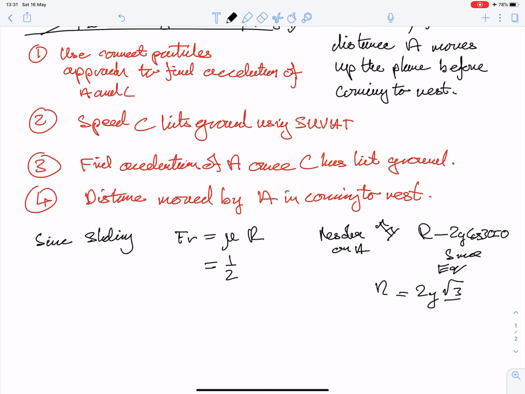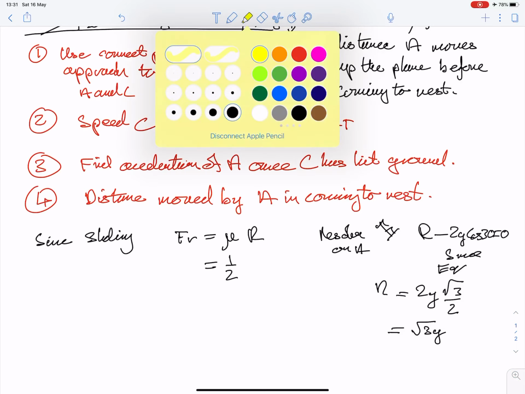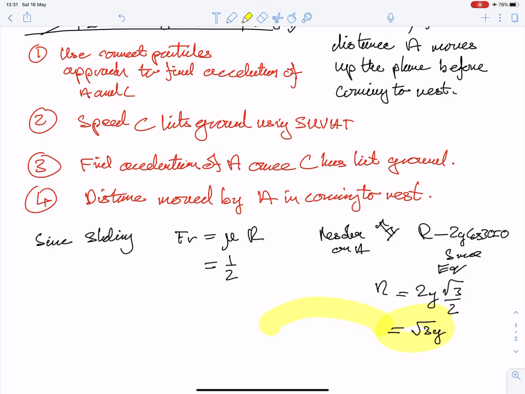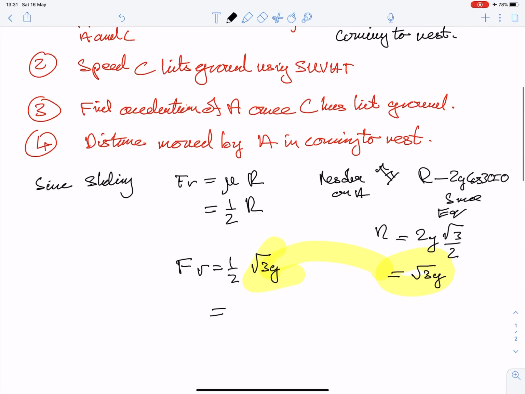Okay, so 2g cos because it's next to the angle. So cos of 30 equals 0 since equilibrium. So R is equal to 2g cos of 30, which is root 3 over 2. So it's root 3g.